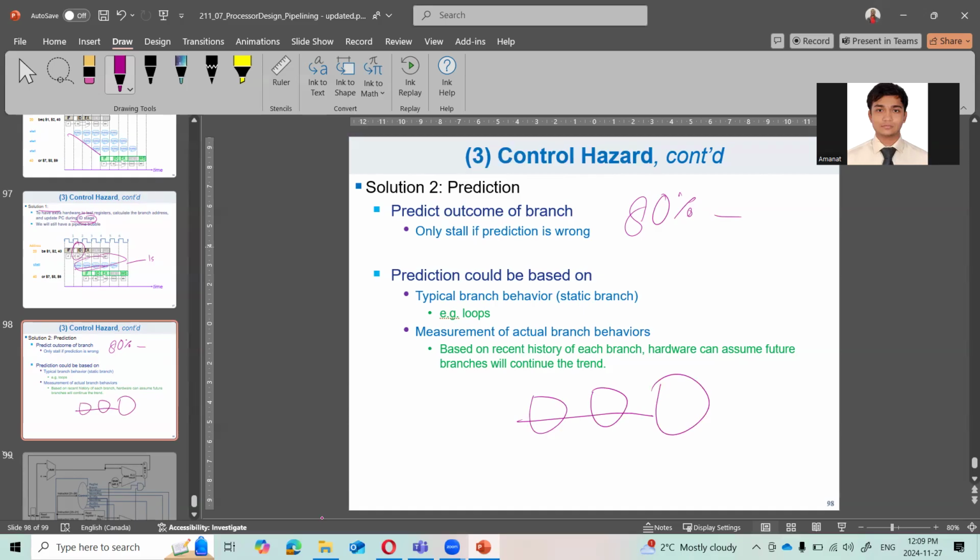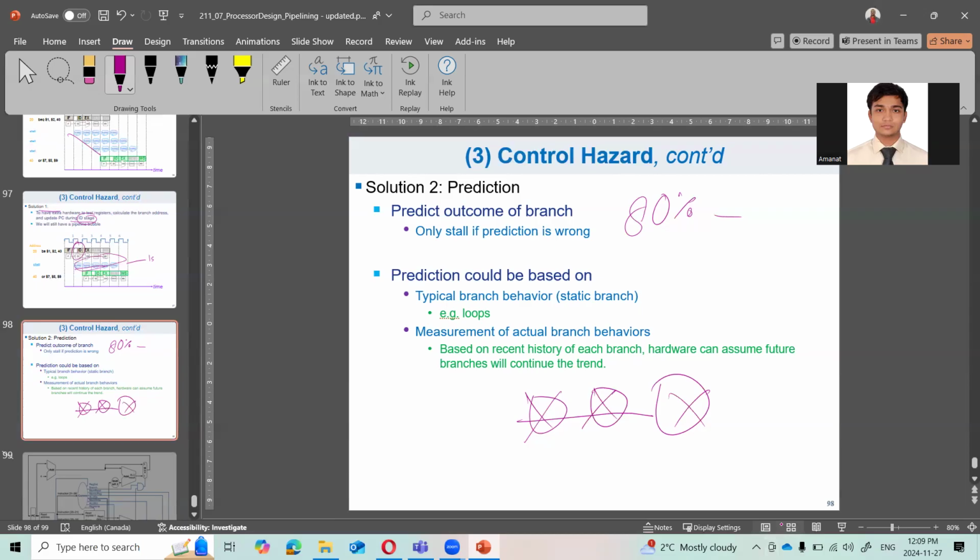If your prediction is wrong, you just say, okay, my bad, I'll just jump. So that's just predicting, and if you're wrong, you just branch. You waste some time, but it's okay. Nothing very mathematical here.